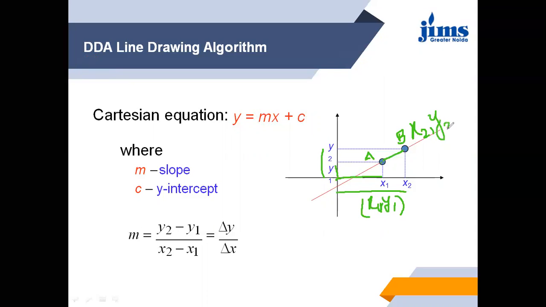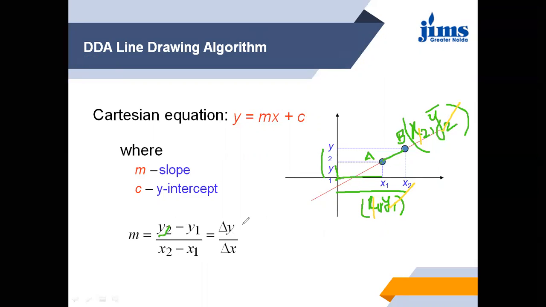These are the two endpoints of a line, and when we have to find the slope, it is y2 minus y1 divided by x2 minus x1.